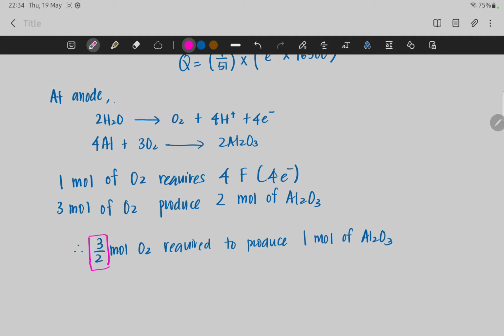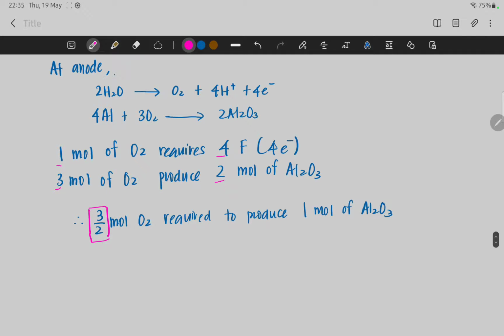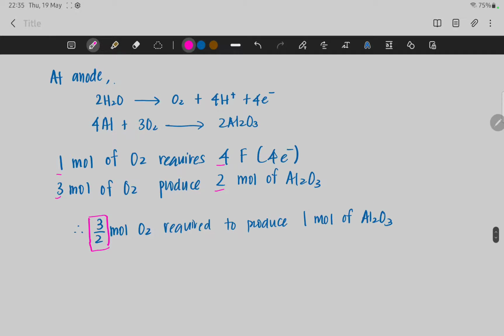Based on the calculations I've made so far, imagine you have a 1 and a 3 and a 4 and a 2. Same goes here. Imagine I have 3 moles of O2, this is how I usually do it, producing 2 moles of Al2O3. So I have X moles of O2.